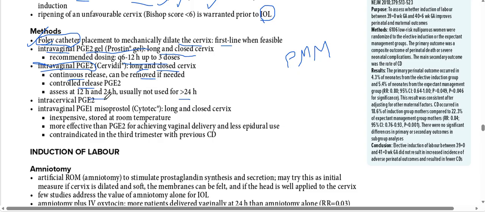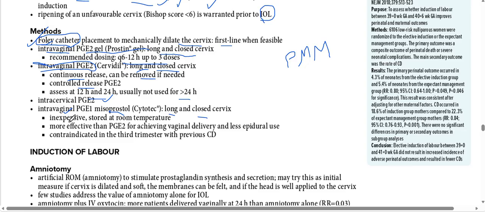Now, intracervical prostaglandin E2 we have to insert inside the cervix. Then intravaginal prostaglandin E1, that is called misoprostol, is used for a long and closed cervix.